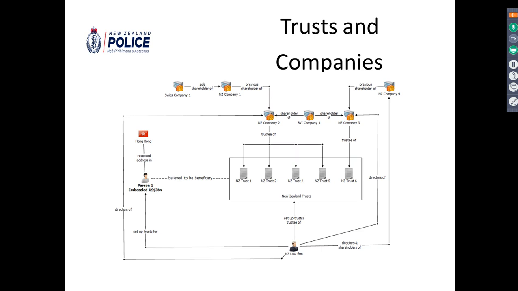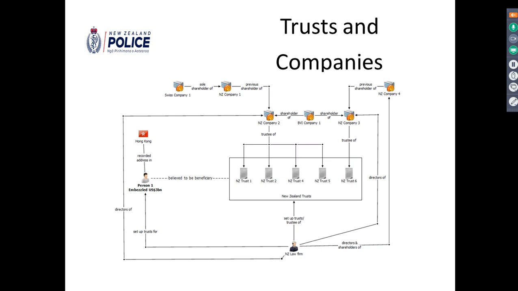Now, through the use of New Zealand trusts and companies, which were set up by a New Zealand law firm who actually specialised in setting up these structures for offshore clients, this person that had completed the embezzlement was able to buy a lot of high-value assets as a result of this structure.